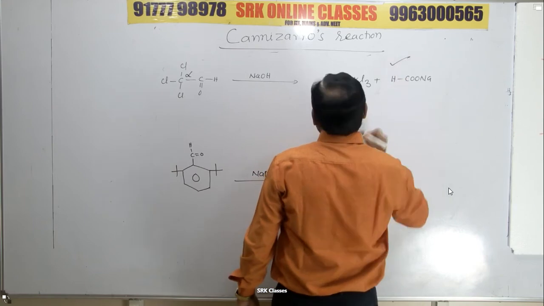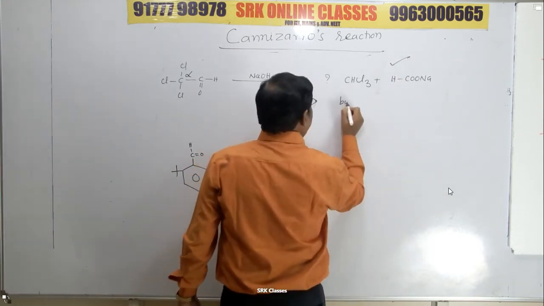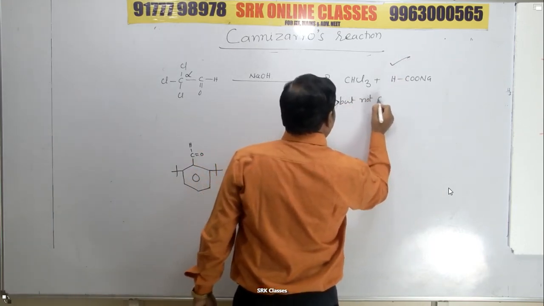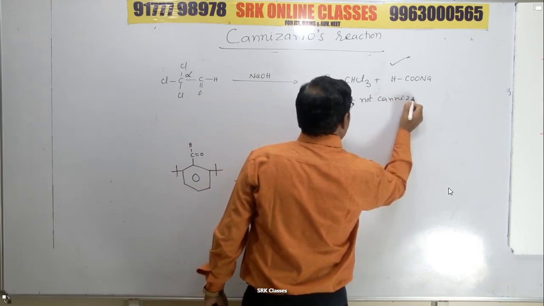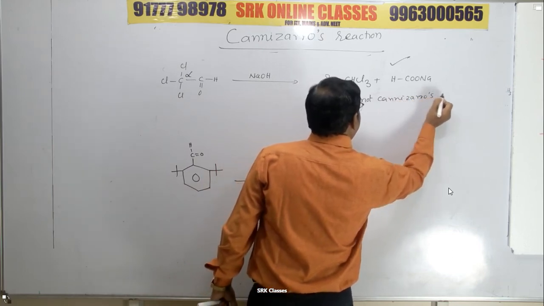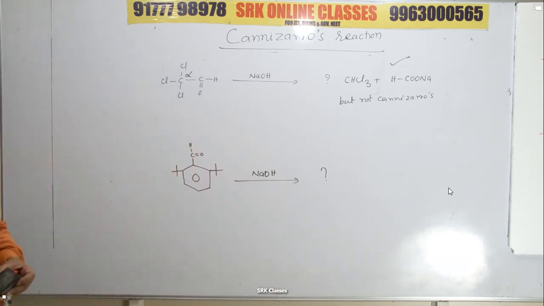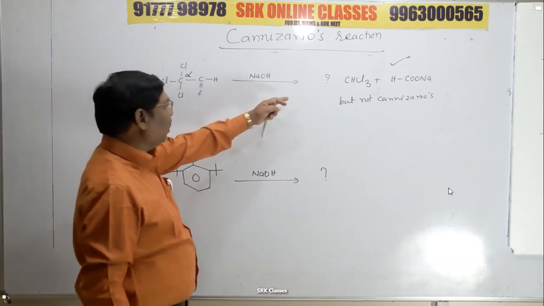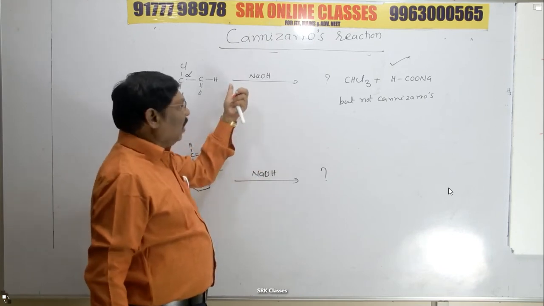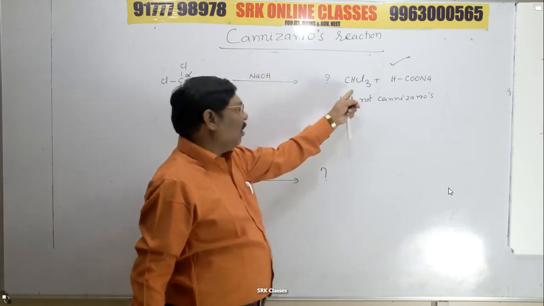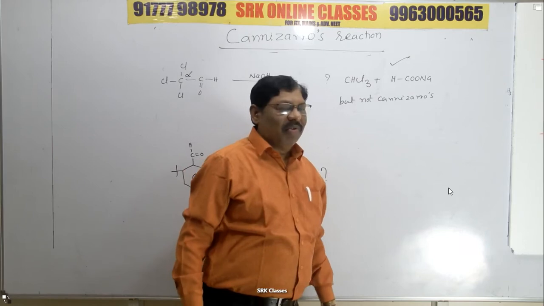This is the correct answer, but not Cannizzaro reaction. This is an exceptional case. Though it does not have an alpha hydrogen atom, it does not undergo Cannizzaro reaction. Rather it undergoes hydrolysis in presence of alkali that produces chloroform and sodium formate.